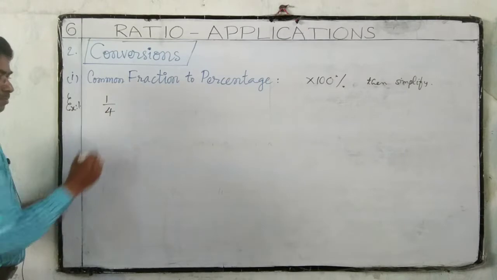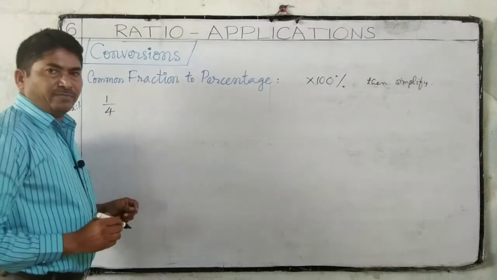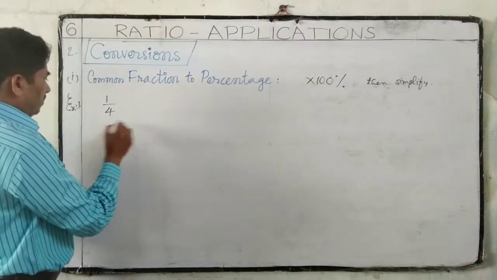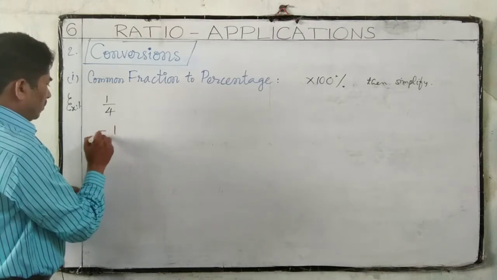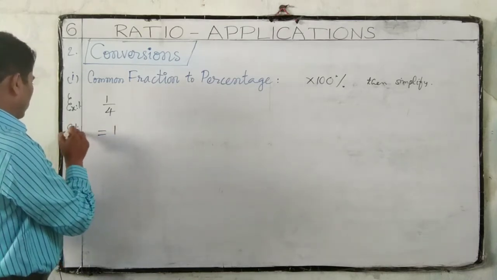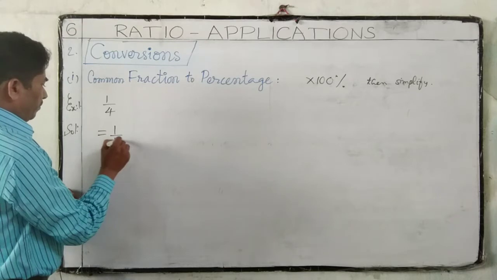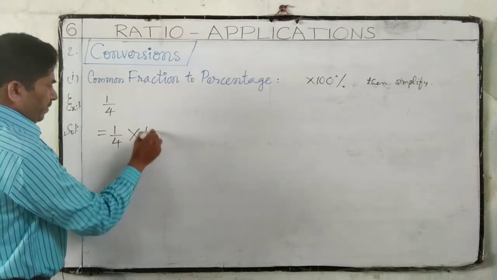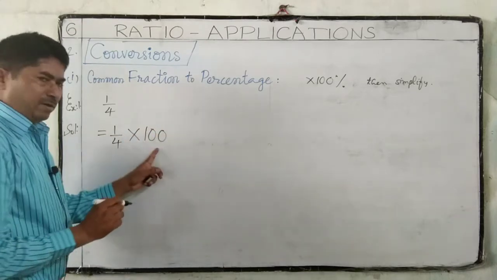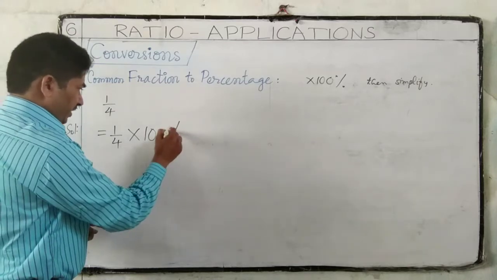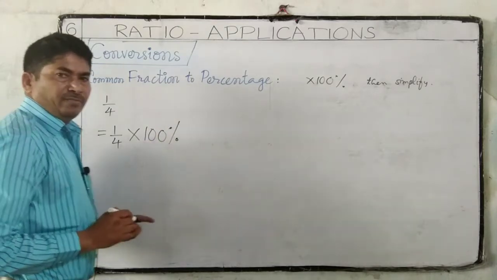One by 4. It's a common fraction. One by 4 into 100, multiply with 100 and keep the percentage sign. Then simplify.